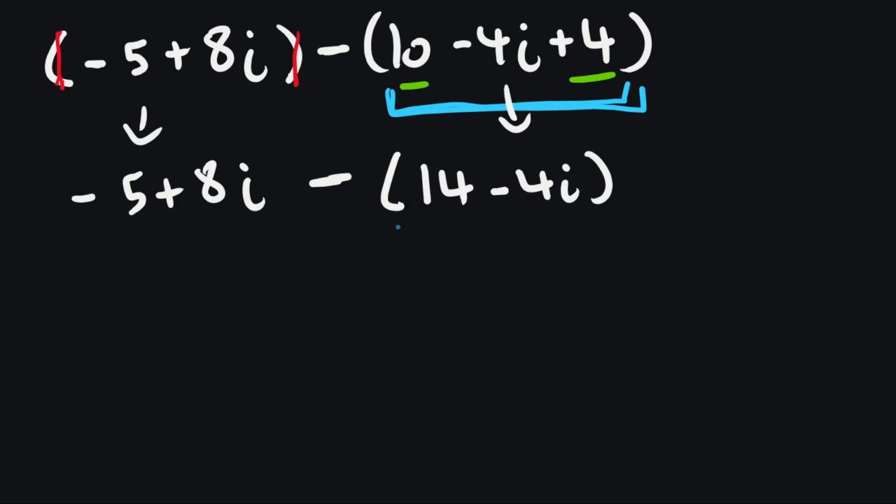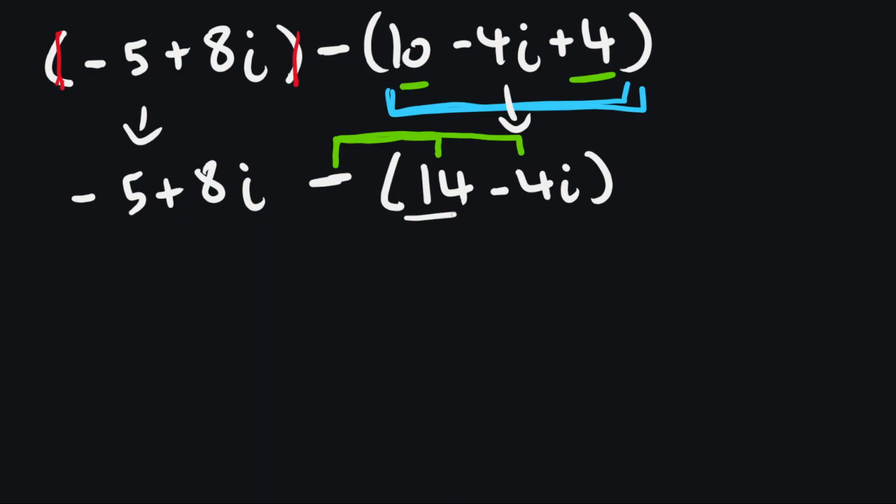Before we can drop this set of parentheses, we have to distribute this negative sign to each term on the inside. Whenever you distribute a negative, you're just flipping the sign of each term.